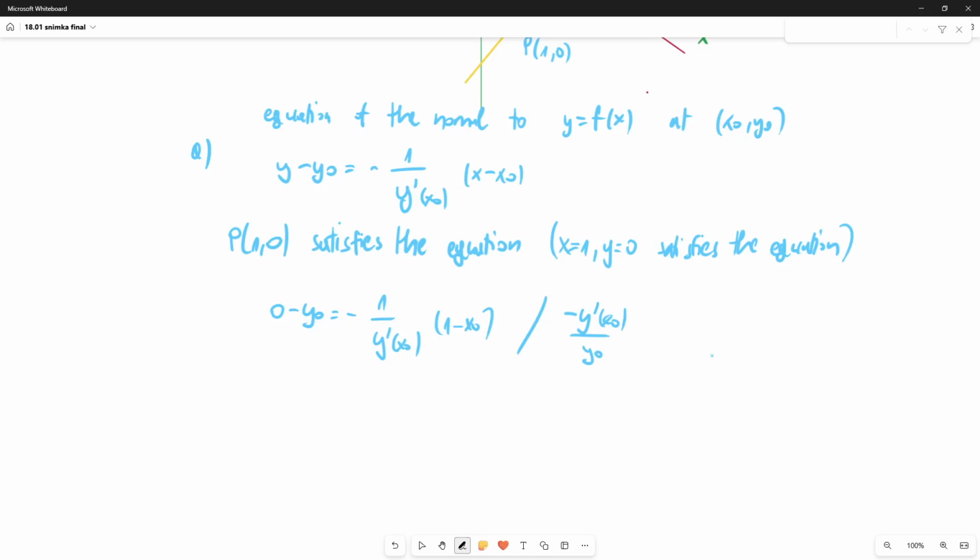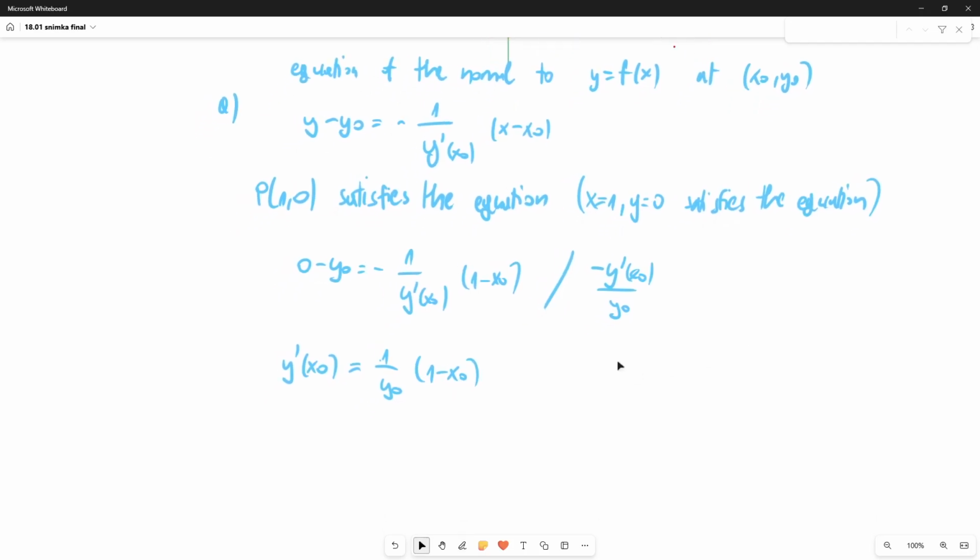So here we obtain y prime at x0 on the left hand side, and we obtain 1 over y0 times 1 minus x0 on the right hand side.